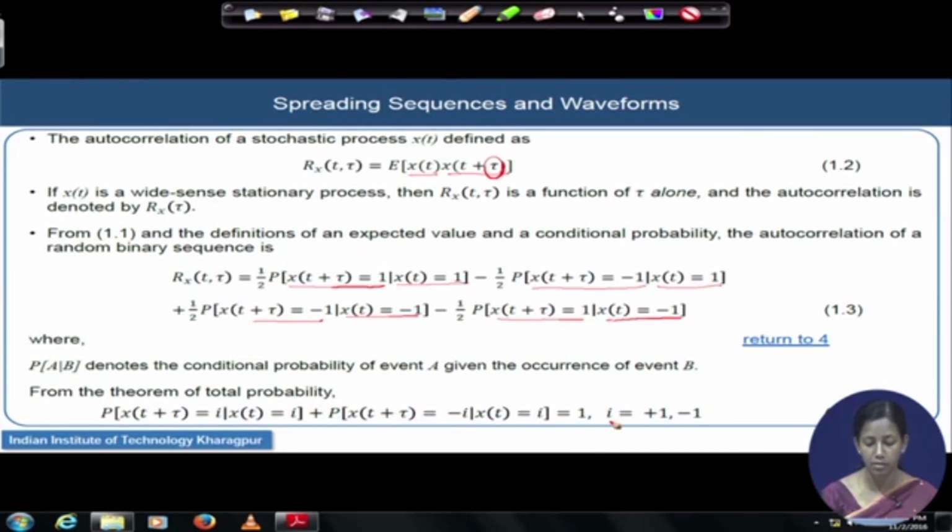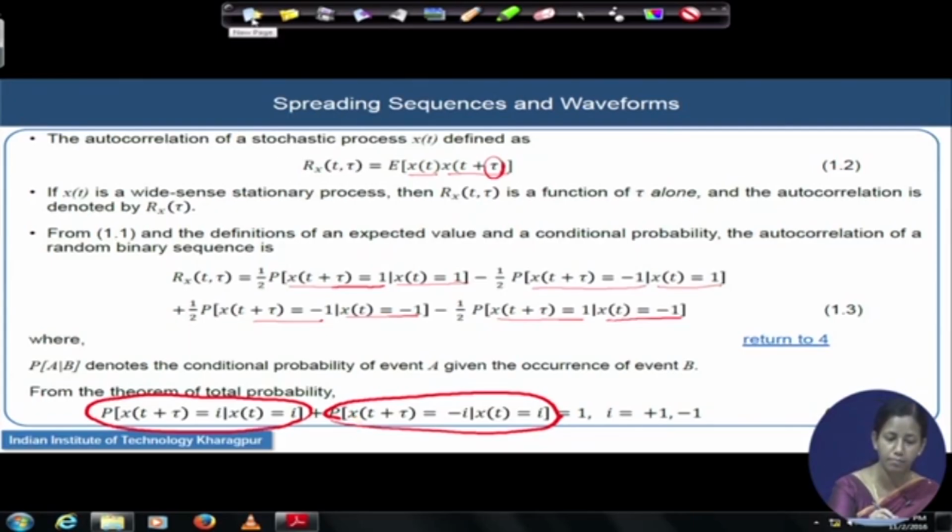Here in our case, this i can be either +1 or -1. The first part is the probability of correct reception, and this is the probability of wrong reception. So the total probability of correct plus wrong reception should be equal to 1.